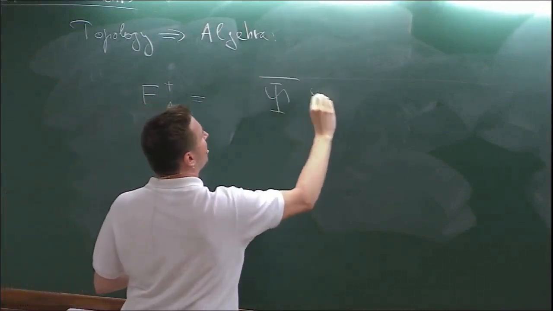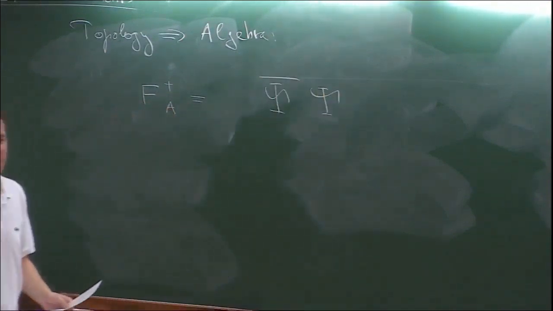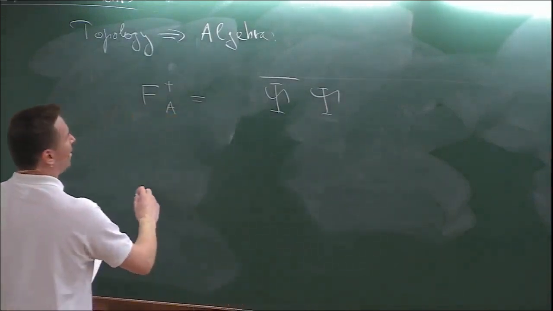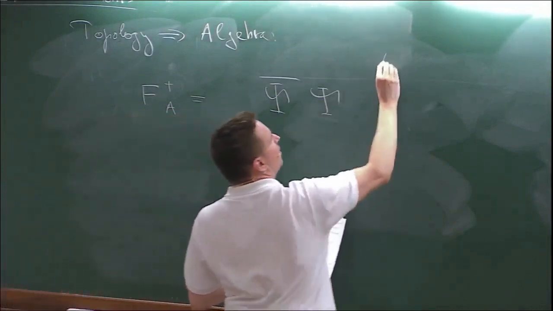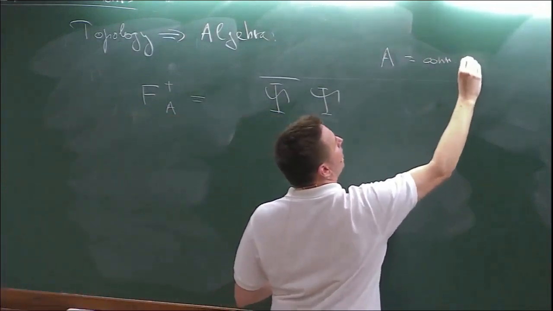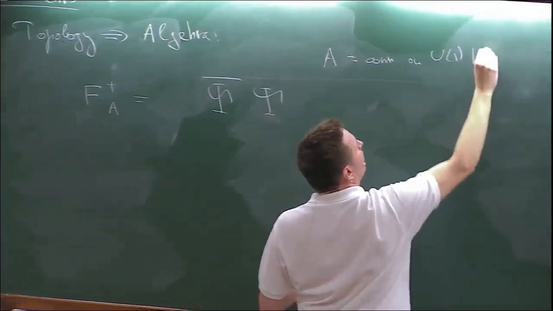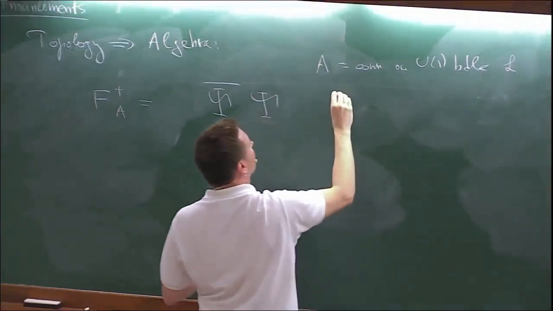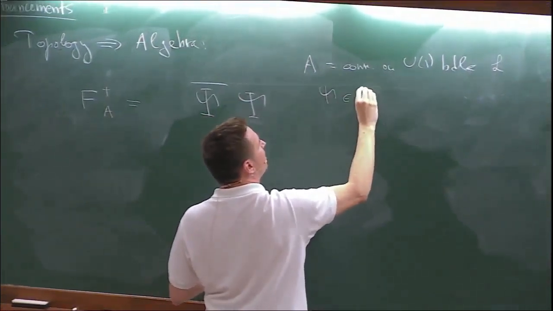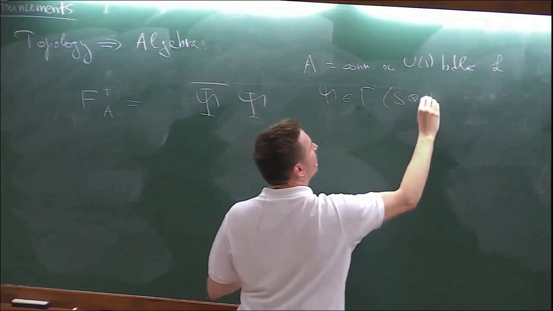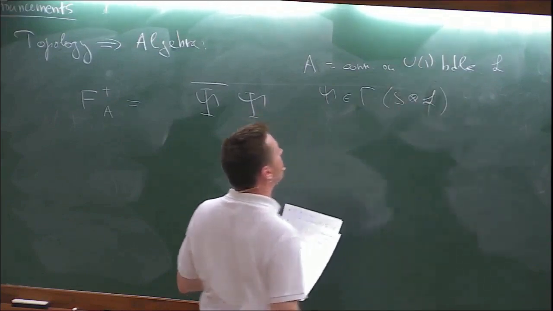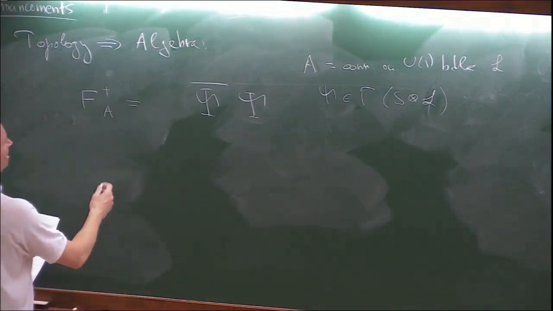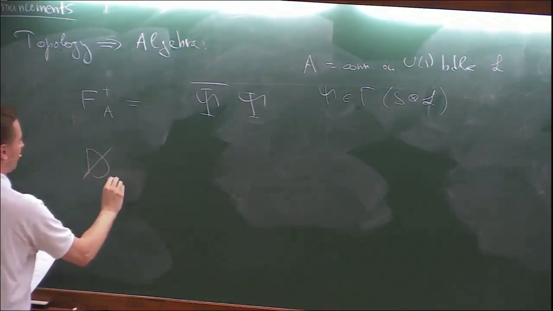You have a gauge field A and a spinor psi, a section of the spin bundle. So A is a connection on a line bundle, let's call it L, and psi is a section of the spinor bundle tensored, say, with L. And the two equations that people usually write, or that Seiberg and Witten write, are the following.